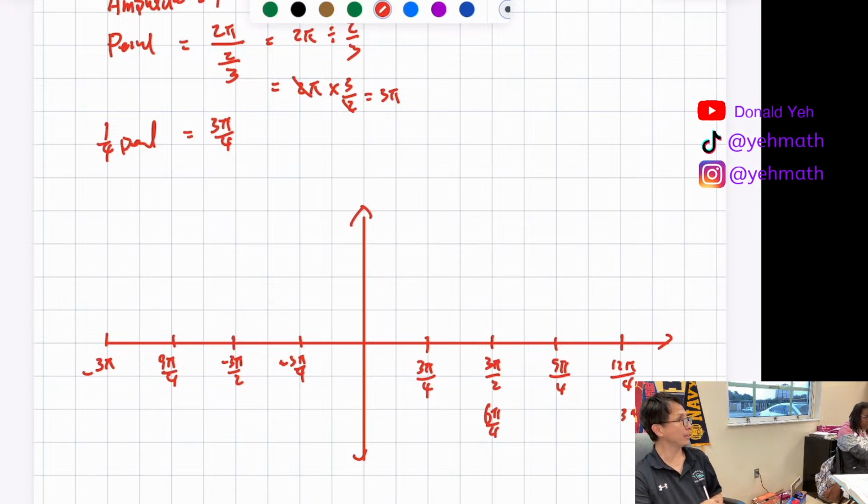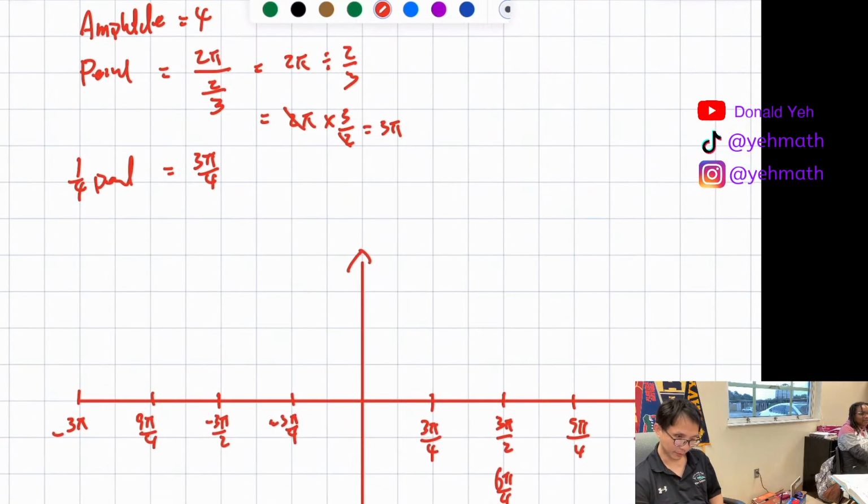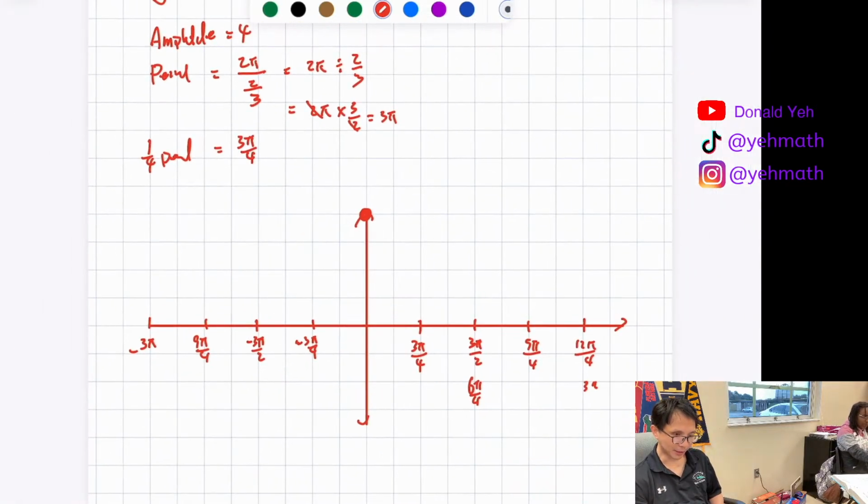Does cosine start at the midline, or start at where? The peak. Where's the peak? 4. This is the graph here. If you start at a peak, it has to go down, right? But you don't stop here. A lot of people stop right here. You keep going down further because you have to go to the trough. Does that make sense? So you go to the trough, which is 4 units down, then up.